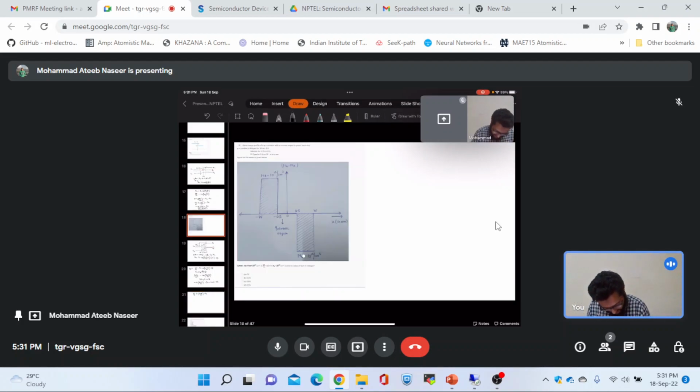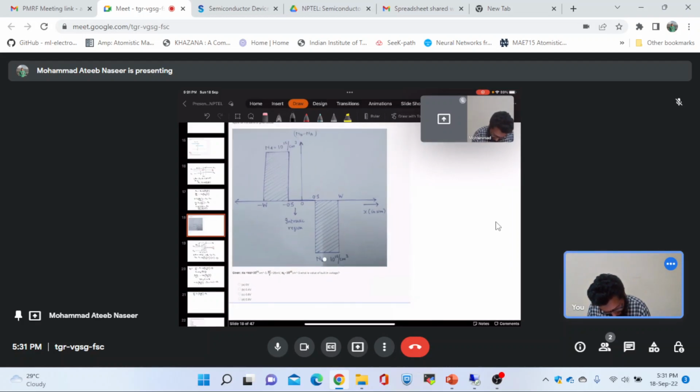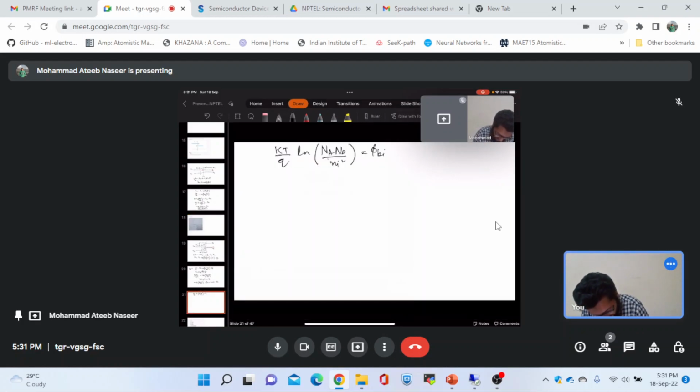Let me check the values. It is 10 to the power 15 and 10 to the power 10. It is simply equal to 26 into 10 raised power minus 3 ln of 10 to the power 15 into 10 to the power 15 divided by 10 to the power 10 whole square. This is the built-in voltage. So let's solve this numerically.